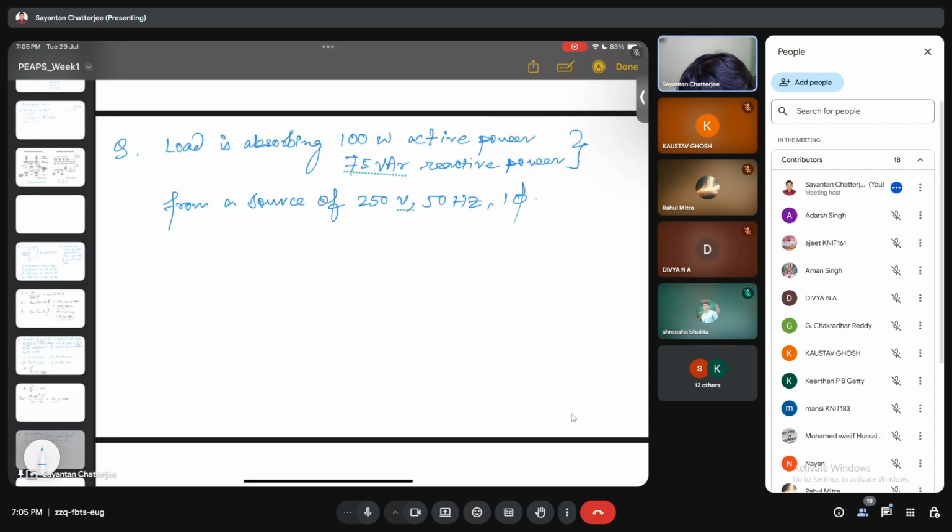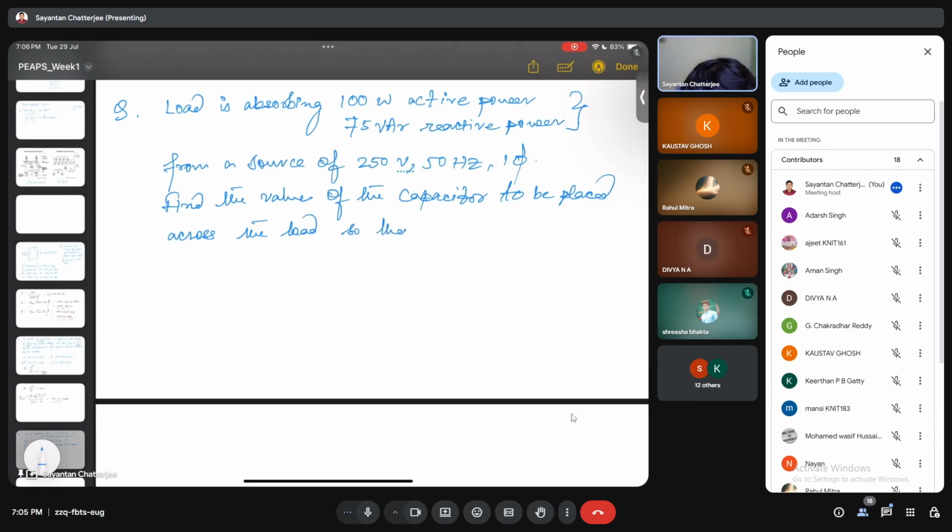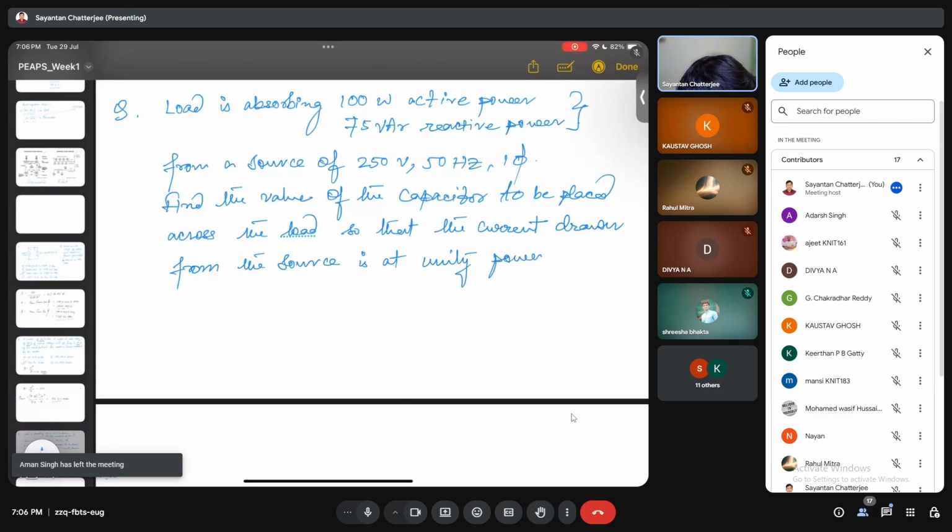So the question is, find the value of the capacitor to be placed across the load so that the current drawn from the source is at unity power factor.